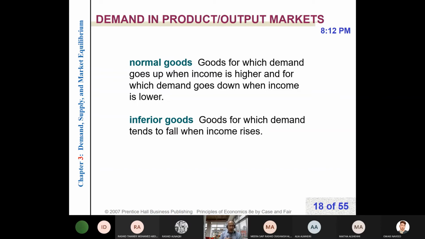I'm talking about Salim. If my salary increases, demand for perfume will increase, but demand for bread will decrease. So perfume is a normal good, while bread, for this range of income for a customer called Salim, is inferior. For Khalid, most goods are normal, but Indomie is inferior.